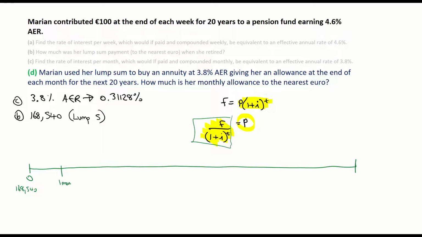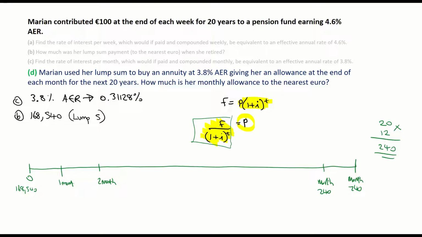So that's our first month. She'll have some payment coming in the second month, and so on and so on. And it's 20 years again, and it's monthly. So 20 times 12 this time is giving her how many installments? 240 installments. So up to month 240.